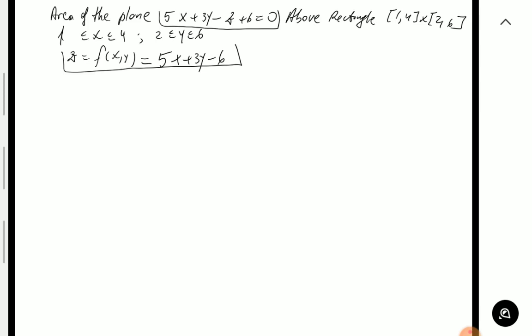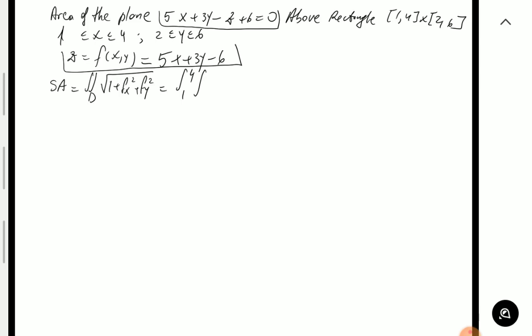Planes are basically as good as lines in terms of calculus. It's all linear, so derivatives are quite nice and simple. So let's just set up the integral right away. The surface area is going to be the double integral of the square root of 1 plus, once again, partial x squared plus partial y squared. This is an integral over a rectangle. The order of integration doesn't matter; you can write it in any order you want.